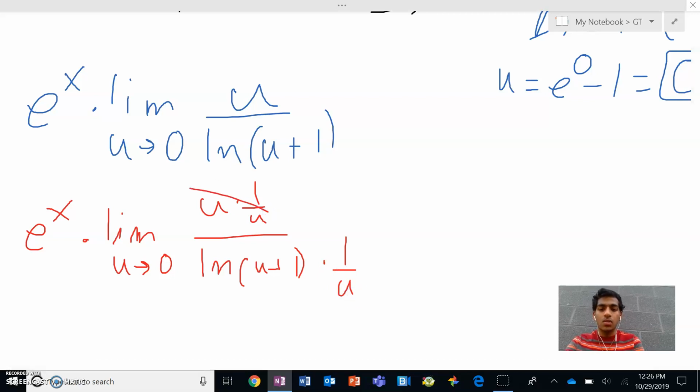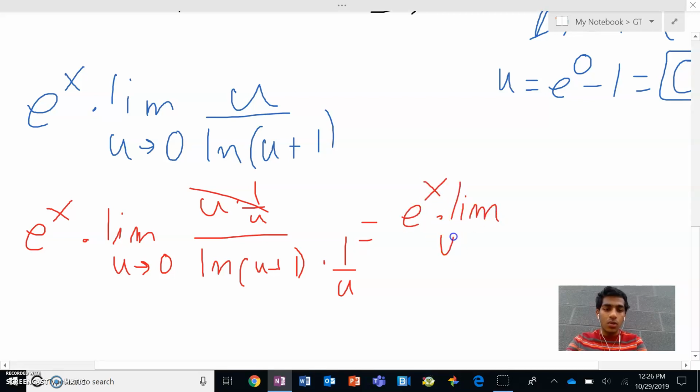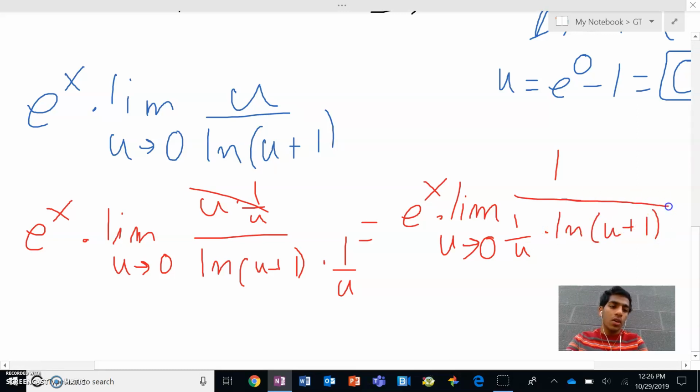Now the u's get cancelled, and my new function would be e raised to the x times the limit as u approaches 0 of 1 over u times the natural log of u plus 1. Logarithmic rules: this 1 over u becomes an exponent of the function that's been natural logged.